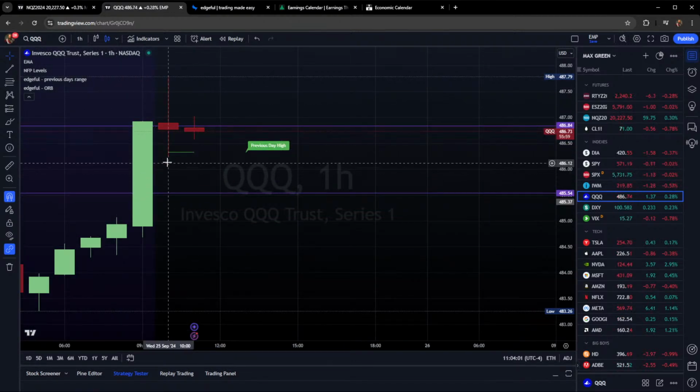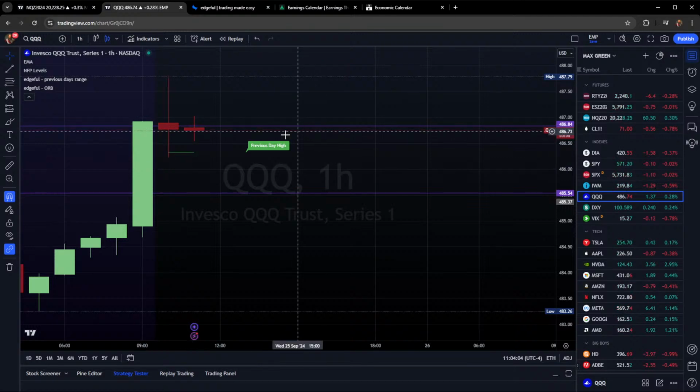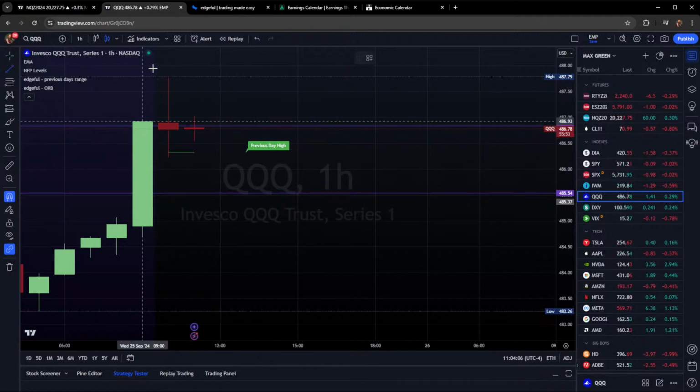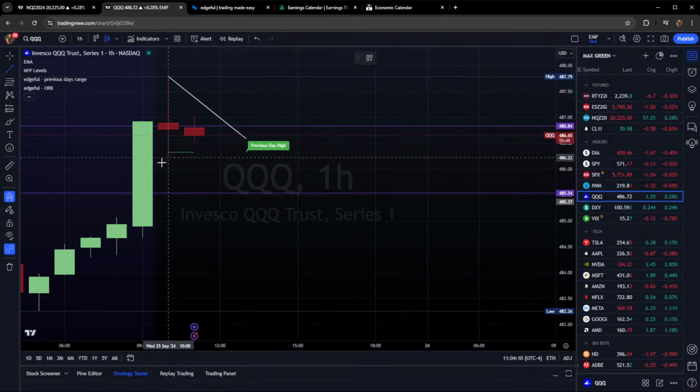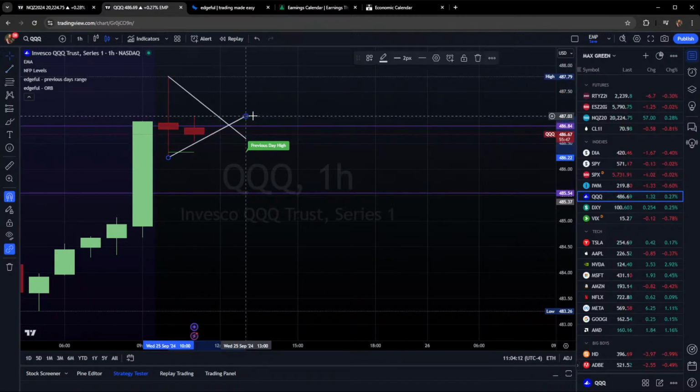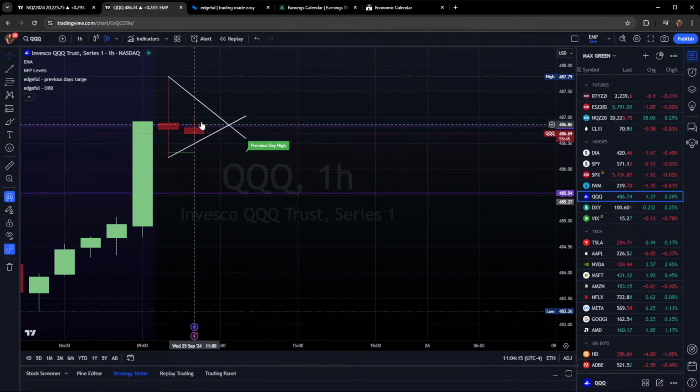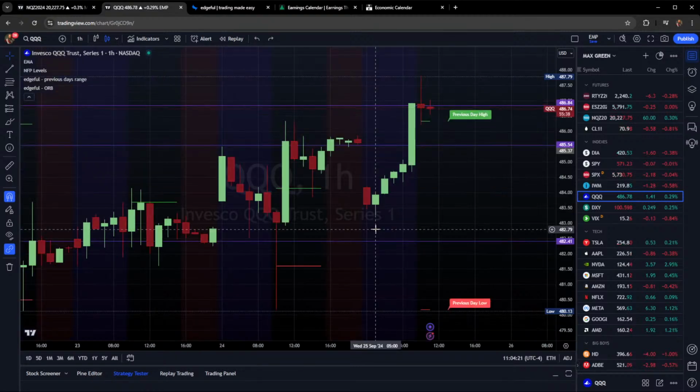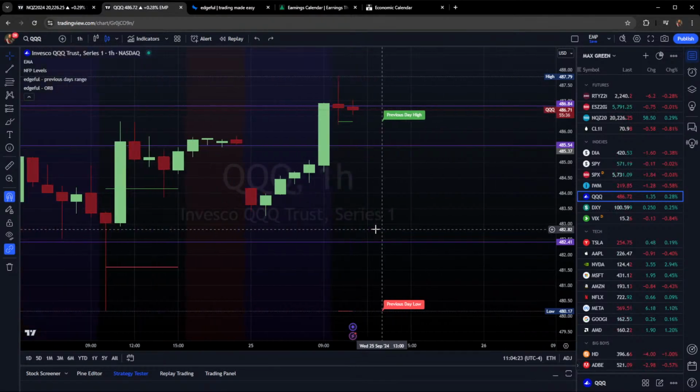This candle right here is just indecision, because this could easily do something like this, and then that's a flag, basically. Previous day high on Qs.